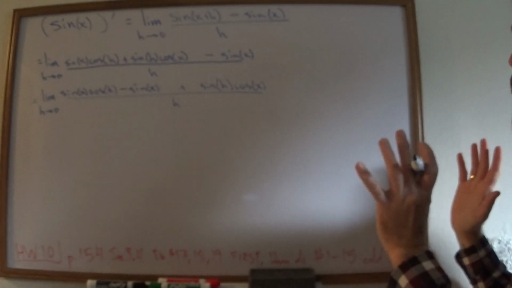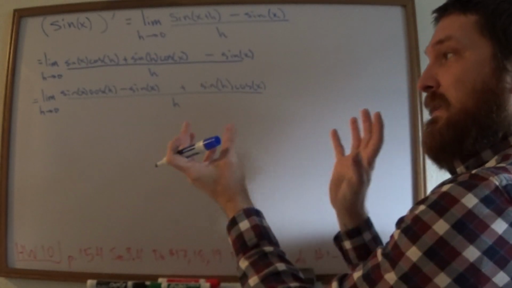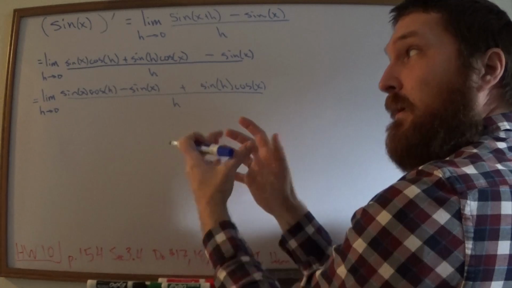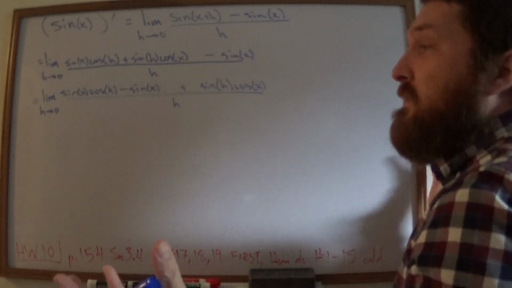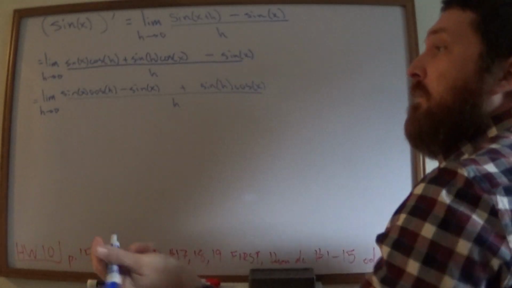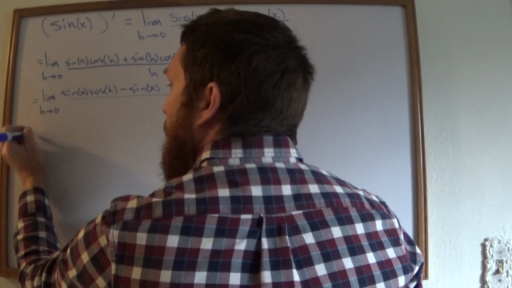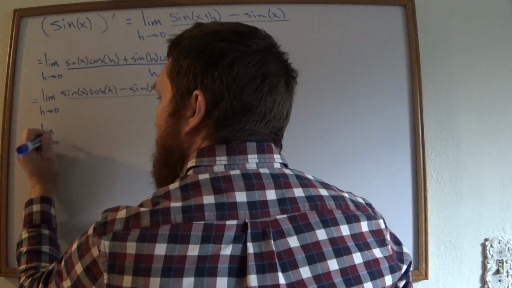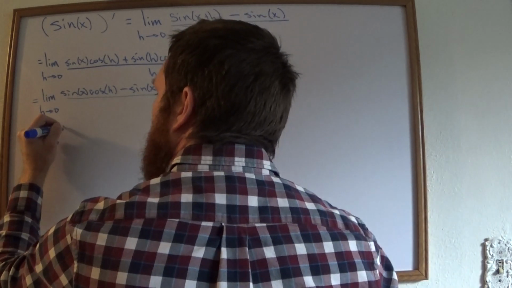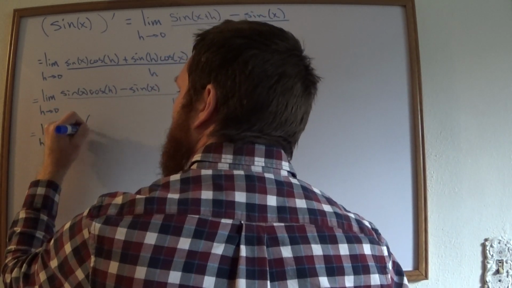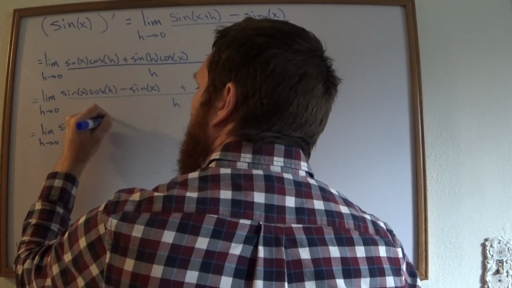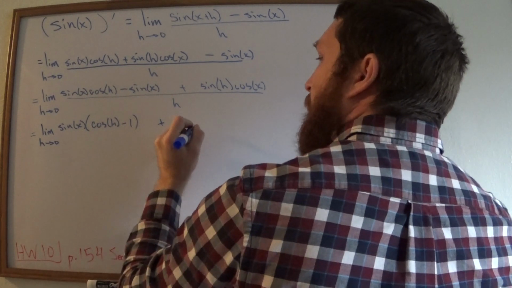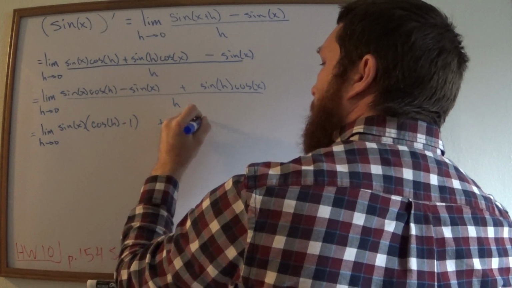And so really if I could isolate this so that I could get a limit of something with just h in it, maybe that'll make my life easier. I don't know yet. Maybe it will, maybe it won't. But as I'm flopping around gasping for air, I'm just going to try it. What happens if I just isolate the h parts, isolate the x parts? I'm going to go ahead and write it this way.